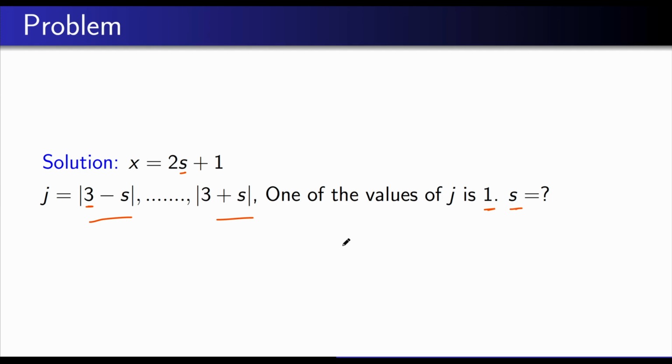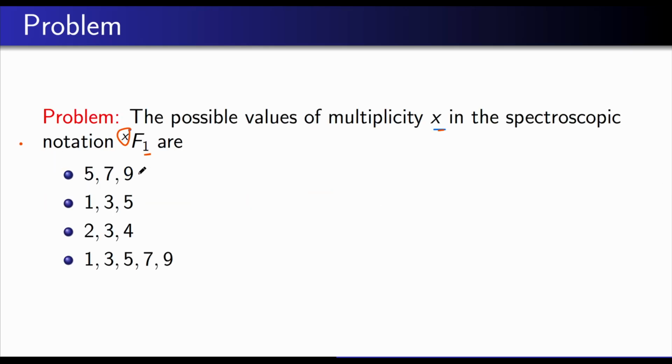If you do this, you will find that there are 3 possible values of S, and for each value of S you can calculate X. We will see that the first option is correct. So X can take the values 5 or 7 or 9.